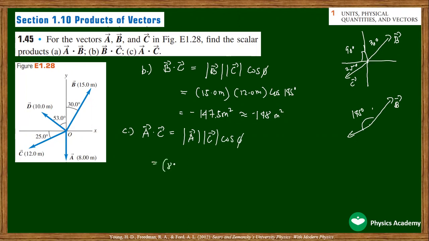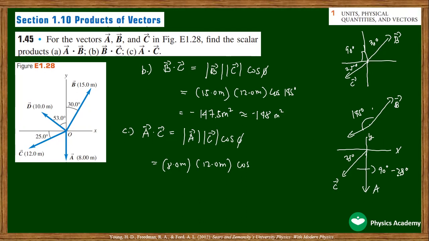Basically we have 8.0 meters times 12.0 meters times the cosine of the angle, which we don't know yet. Here is a Cartesian coordinate system, this is x and this is y, and this is our vector C. This is 25 degrees, so this angle is 90 degrees minus 25 degrees, which is 65 degrees.